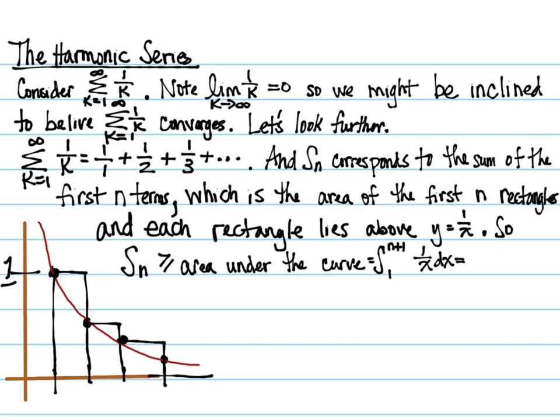And we just did an integration much like this, and you remembered that this was the natural log of x, evaluated at n plus 1. So the natural log of n plus 1 minus the natural log of 1, which is 0. The natural log of n plus 1, but the limit as n goes to infinity of the natural log of n plus 1 is infinite.